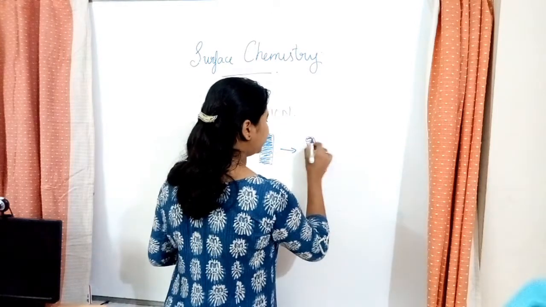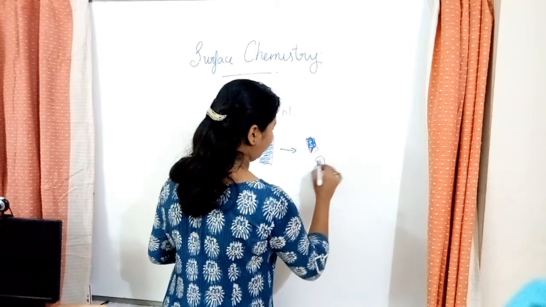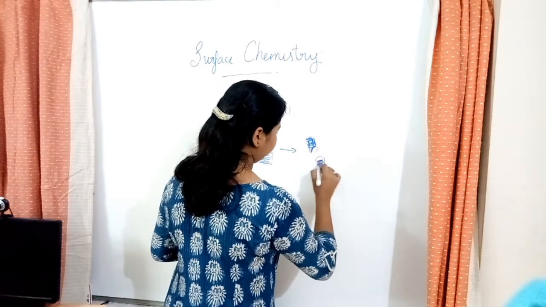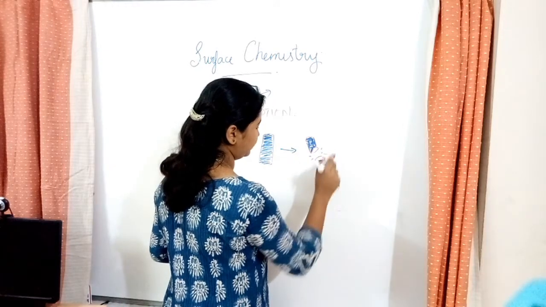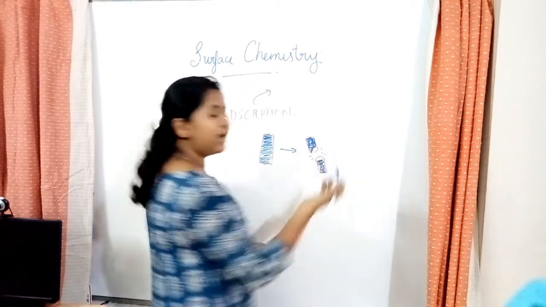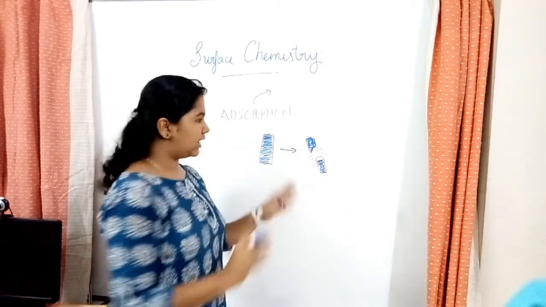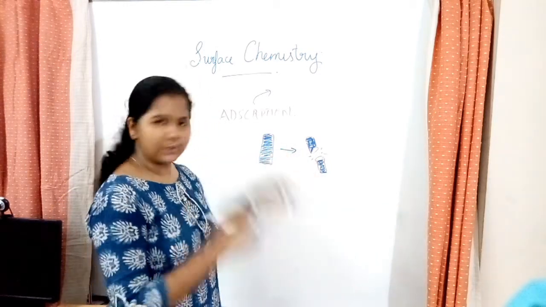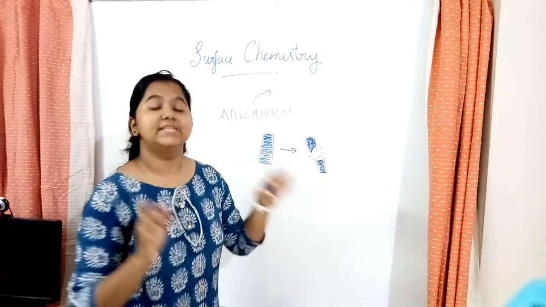So what I observed is over here it's fully blue, over here also it's fully blue. This is the place where the chalk is broken. Over here I found that the chalk is white in color. There is no color change. The blue dye has not gone into it. So what I learned from it is that adsorption has taken place.